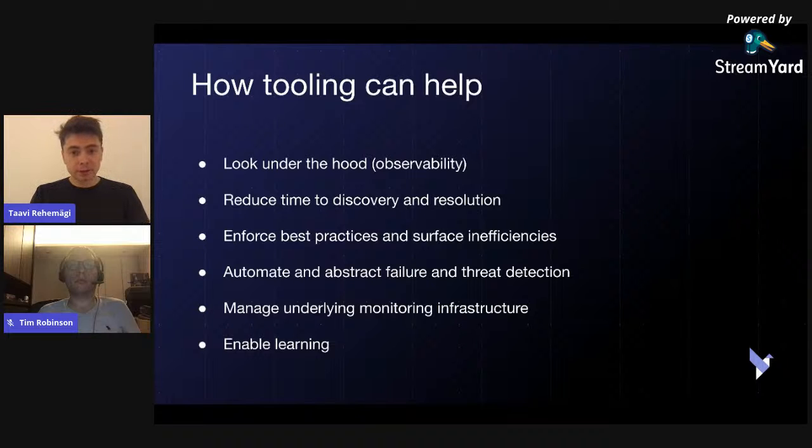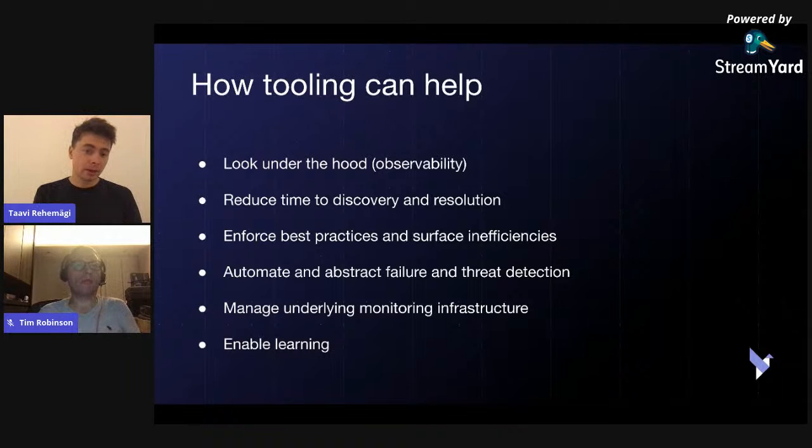I think the other really obvious thing, and I would even say the biggest pain we've seen, is reducing the time to discovery and resolution. So really, the tooling should help you cut the time it takes to know that something is wrong, and also, once you know that something is wrong, to tell you what is wrong and how to fix it as well.